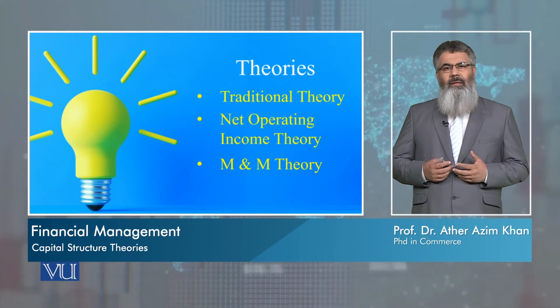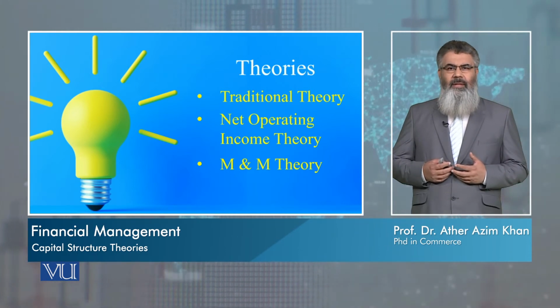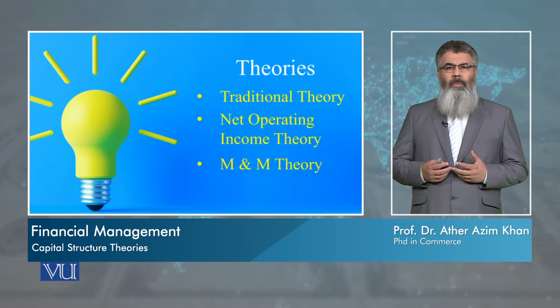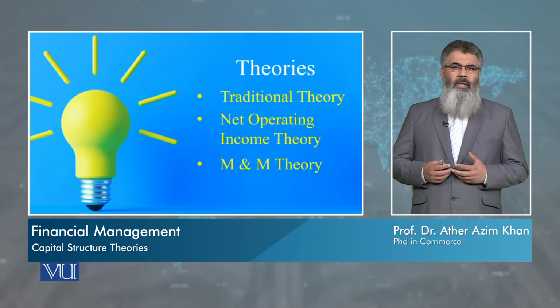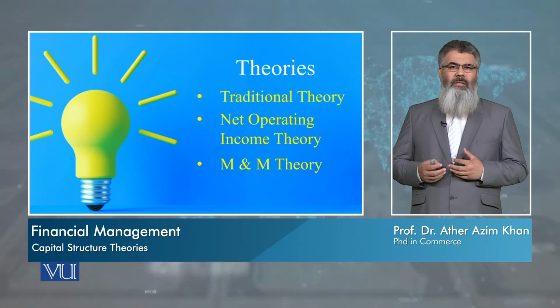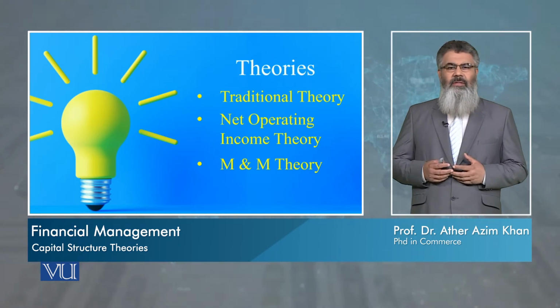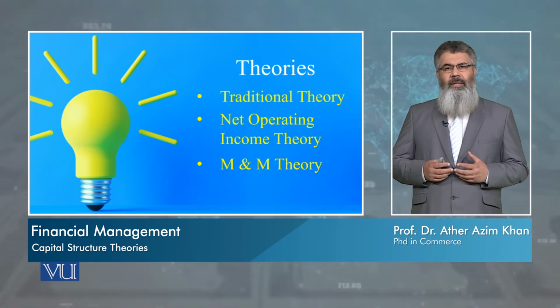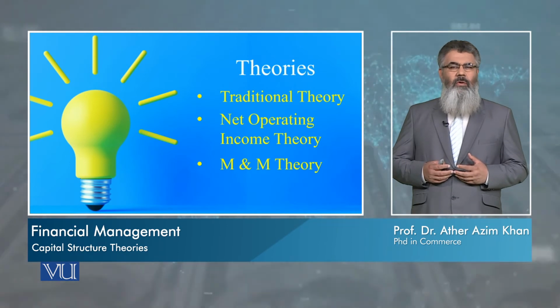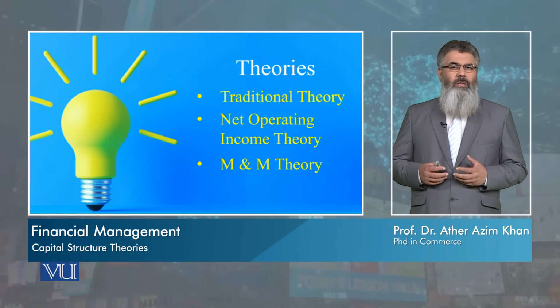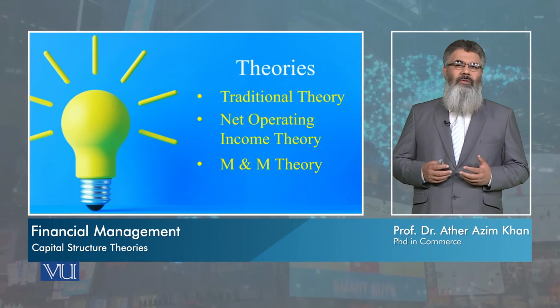The second theory is the net operating income approach. It is in contrast to the traditional theory of capital structure, and it states that the value of the firm is not dependent on the capital structure.